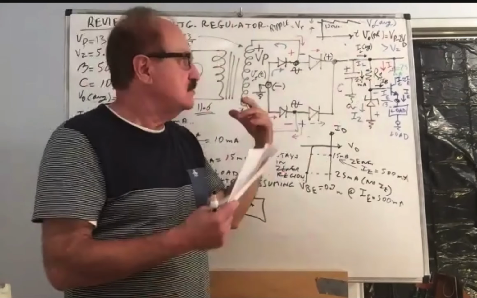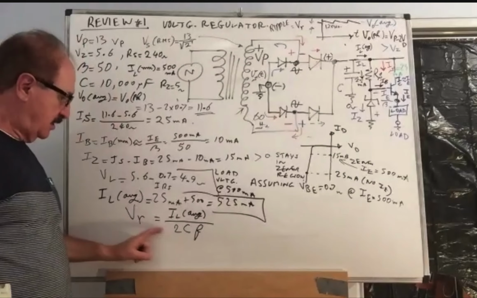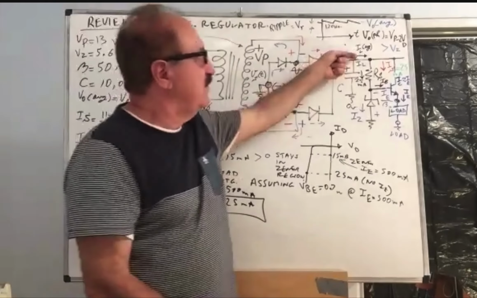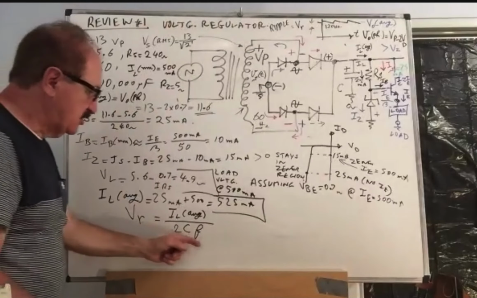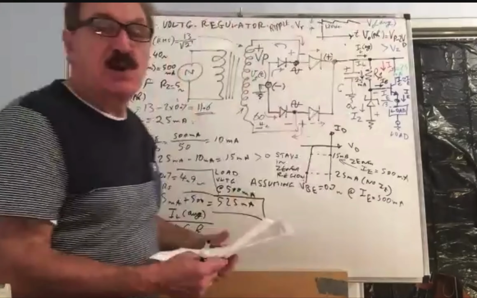But we are applying that to this particular voltage regulator, and that is the governing equation. This is how I estimate my effective current going down, and by dividing by 2CF, it will tell us how much ripple it will cause across the capacitor.